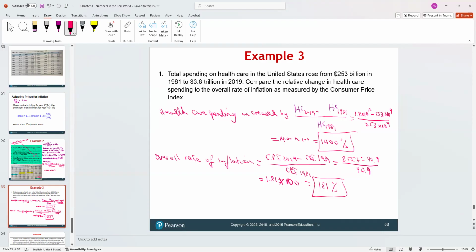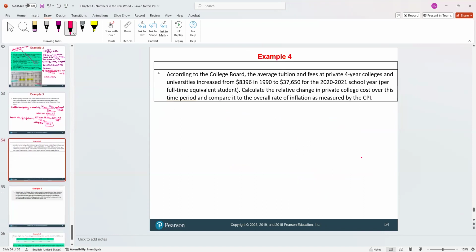So that's an example. As we said, we have plenty of examples like this. Like this one, we only ask you to verify according to the College Board.